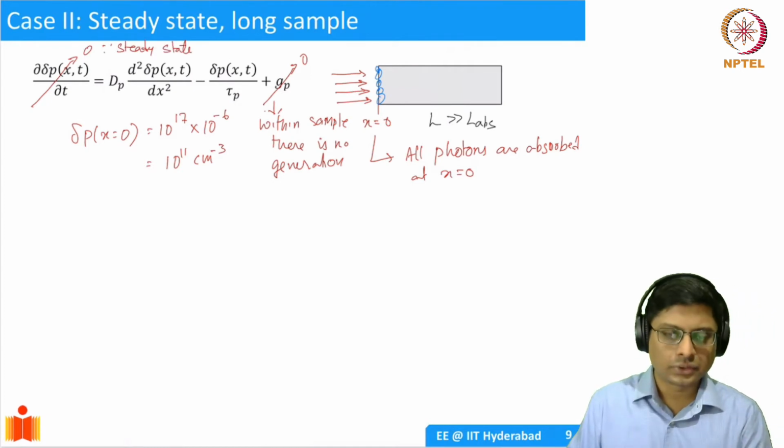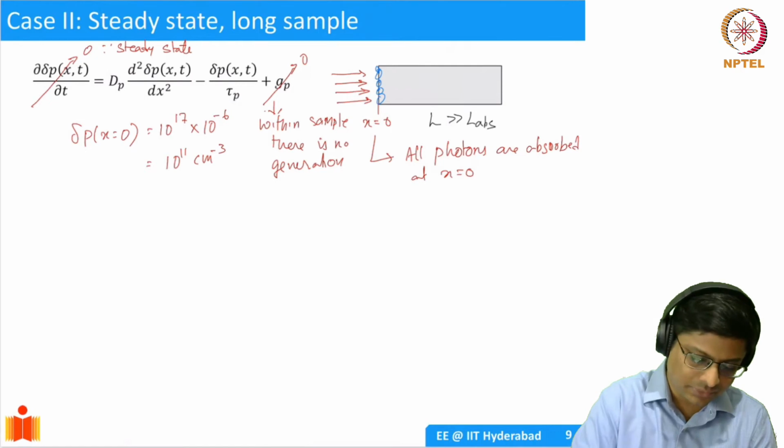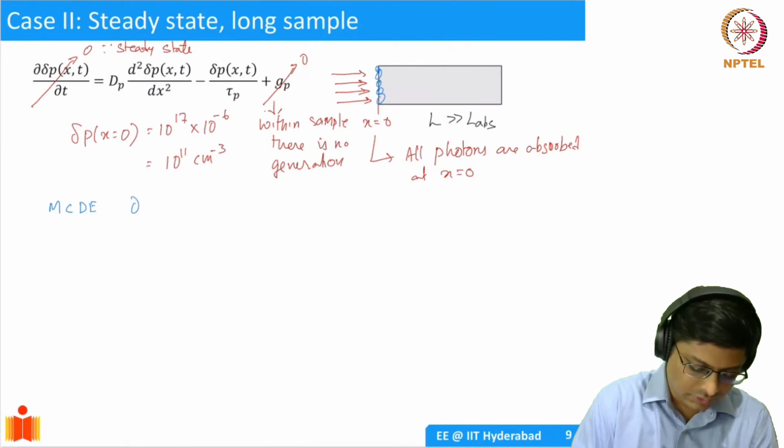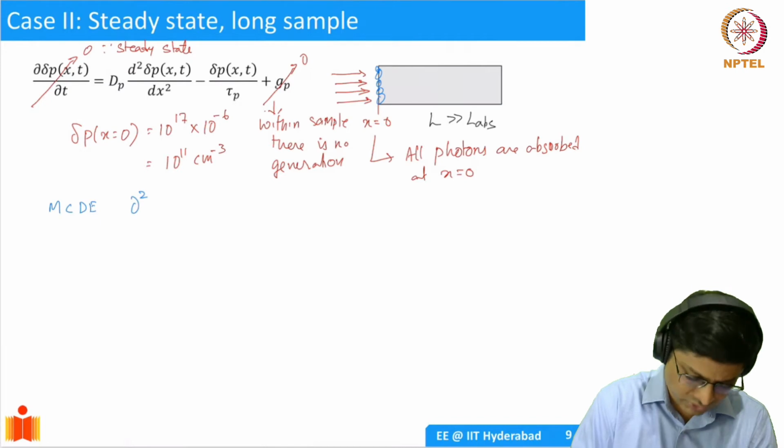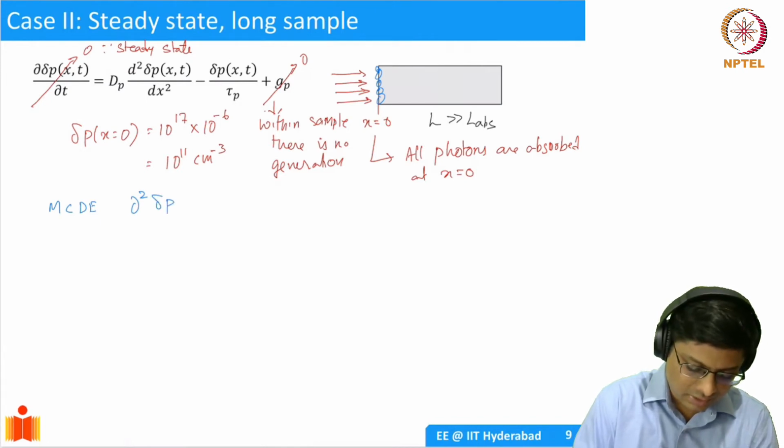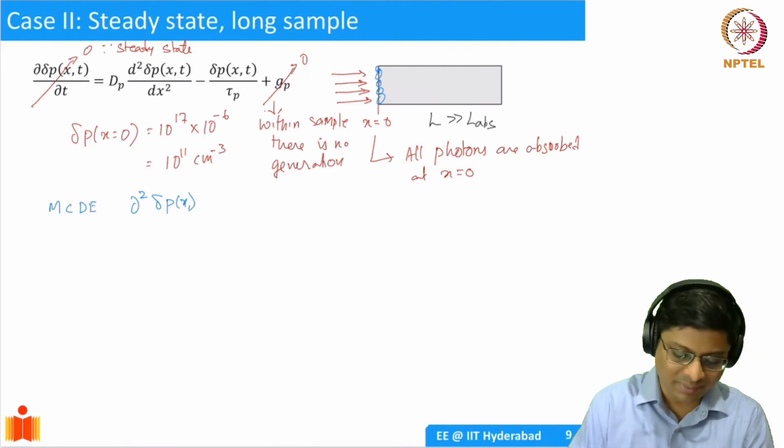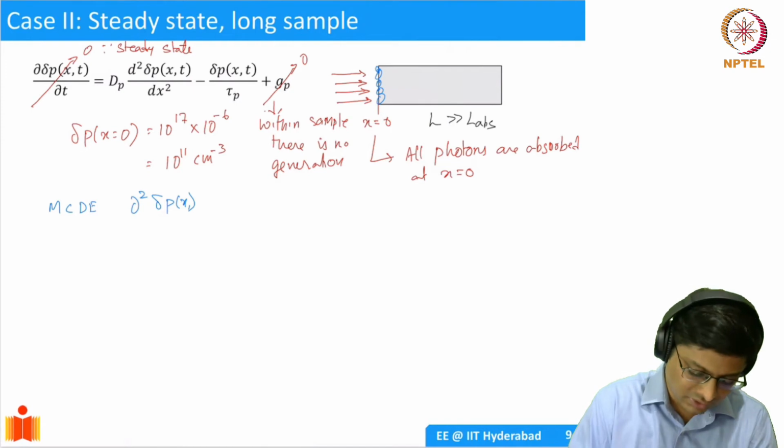All right, so now our MCDE becomes the second derivative with respect to position of delta P. Delta P is going to depend on position. The time dependence is gone, but there is still position dependence.